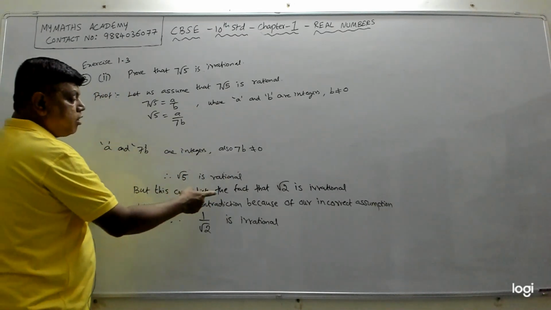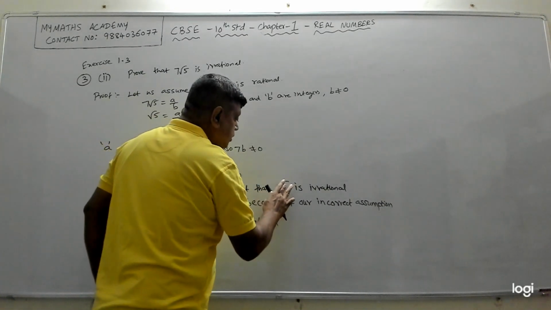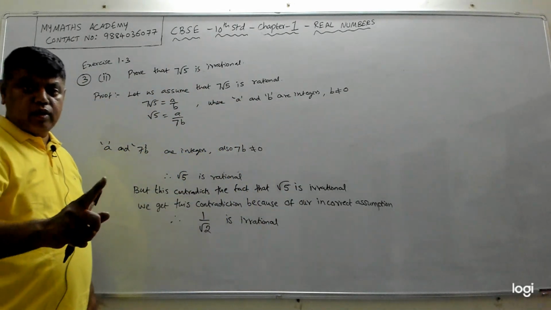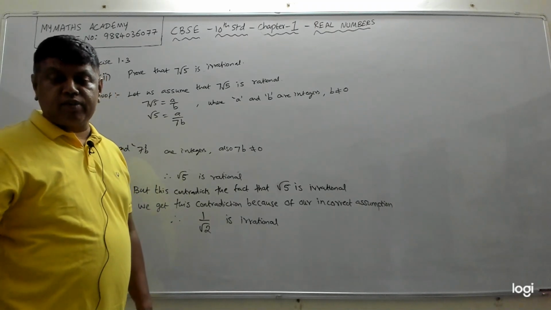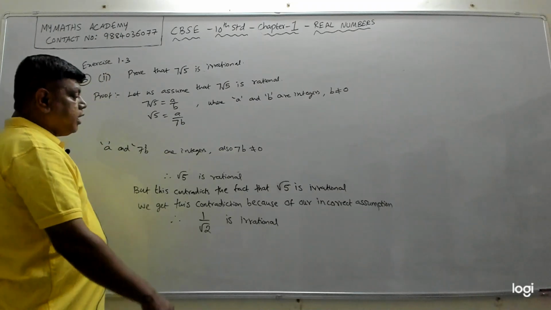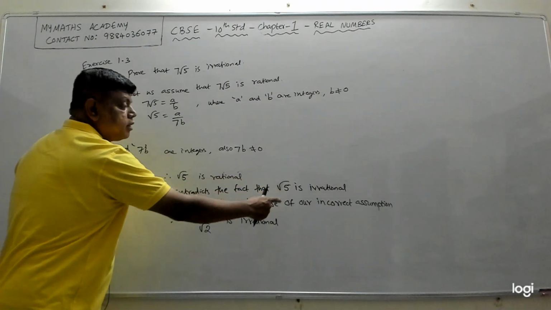But this contradicts the fact that root 5 is irrational, because we know root 5 is irrational. We proved it as the first problem in this exercise, in the previous video.